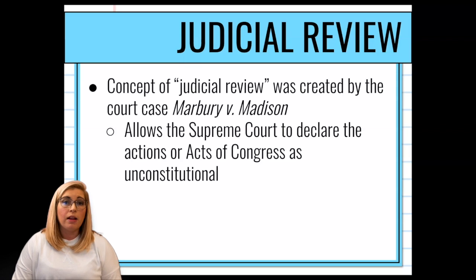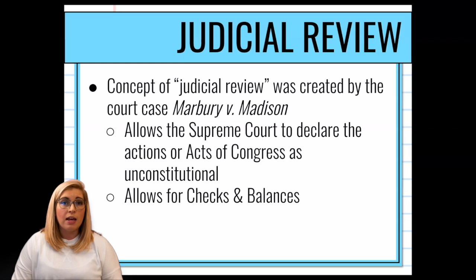This sets up and allows for checks and balances. And again, you'll remember with those 3 branches of government, our government was set up so that each one wouldn't have more power than the other, and certain checks and balances were built in so that one branch, again, doesn't become more powerful. Judicial review is one of the biggest powers that the Supreme Court and the judicial branch have in order to check the other 2 branches.